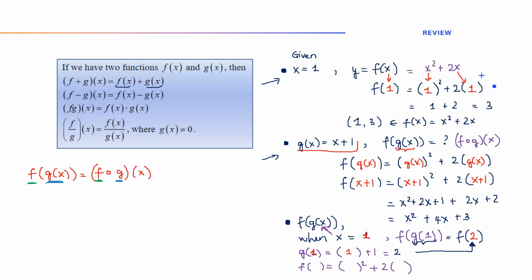Now plug in 2. Here this position is x equals 2. So now we simplify. We have 4 plus 4 that equals 8. So this one will be equal to 8.